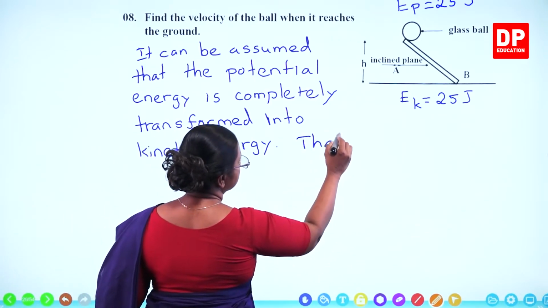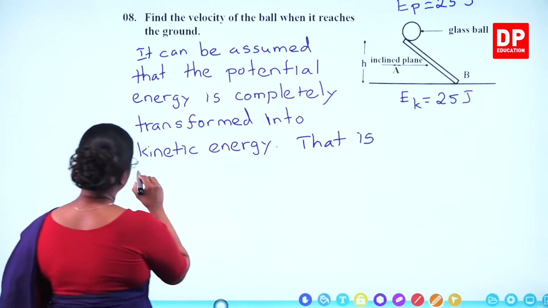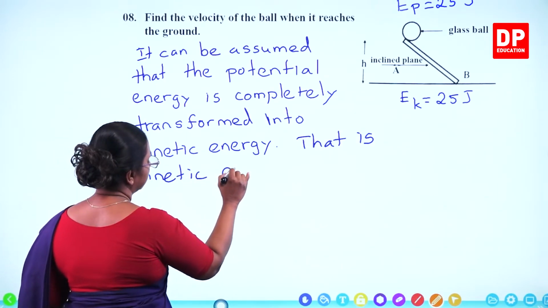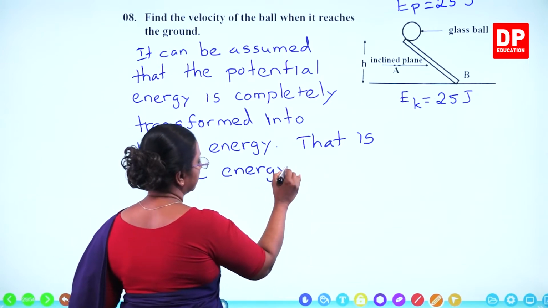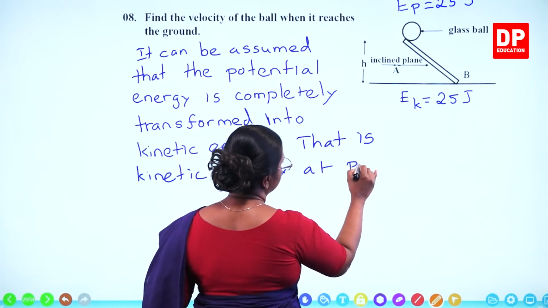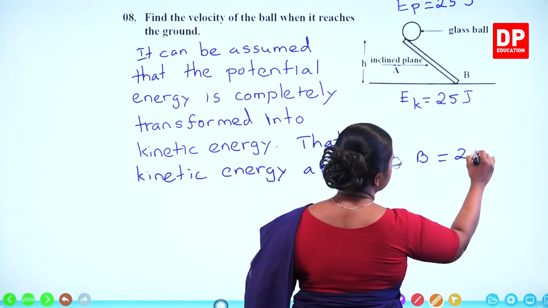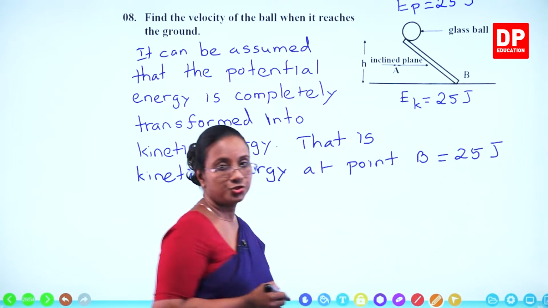That is, kinetic energy at point B equals 25 joules.